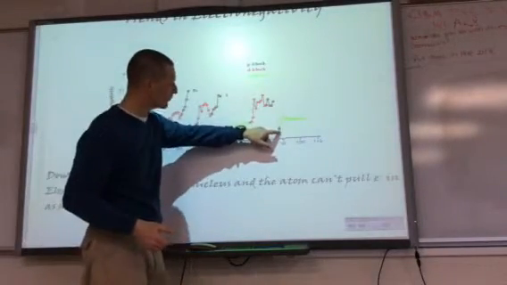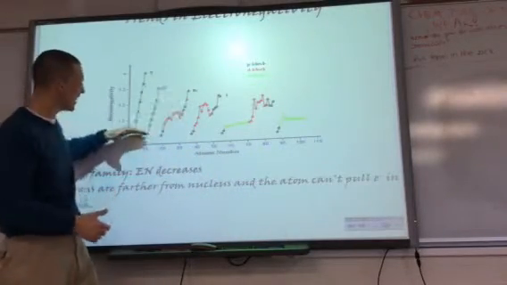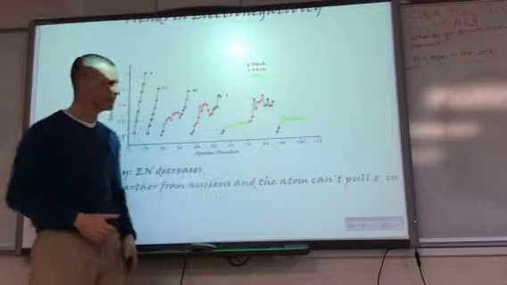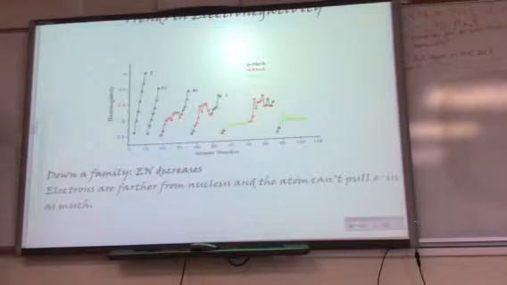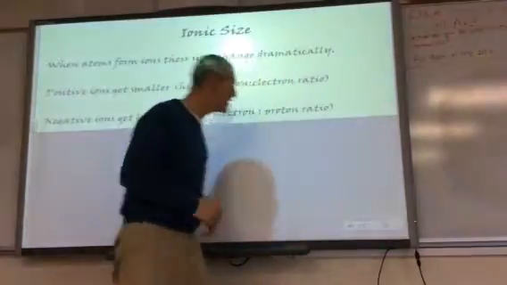Even our good old big boy francium is there. It's not as pronounced as what we have here, but it is going down gradually. That's electronegativity. Very simple. The trend is obvious, and no big surprises with electronegativity at all.